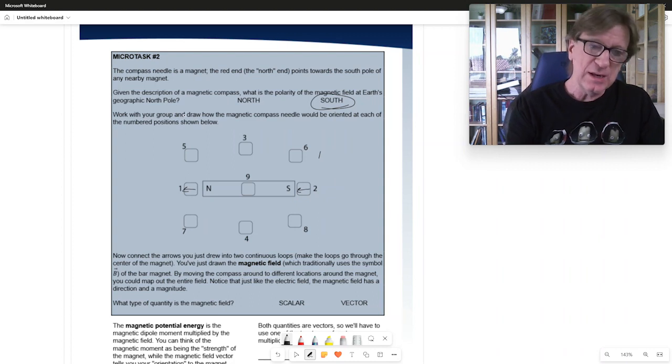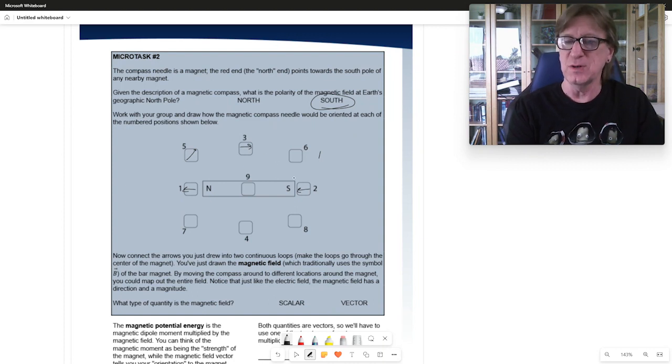Now, let's go to number 5 up here. At number 5, it's going to point this way because it's going to try to bend back over and point at the South Pole. At 3, it's going to point this way. Again, it's trying to point towards that south. And then 6 is going to be here. So you should be able to visualize what that is.